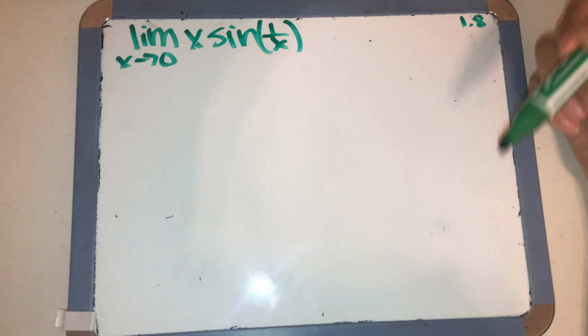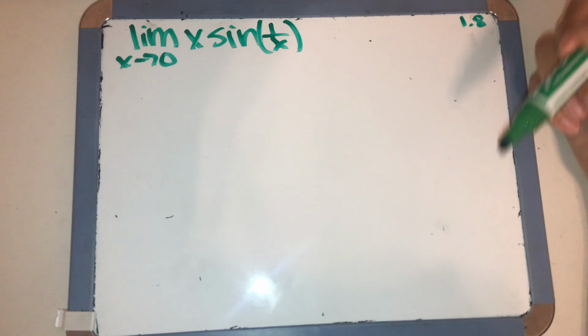Sorry, it should be sine x, my bad. So -1 is less than or equal to sine x and less than or equal to 1. Most people should know this, but if you don't, then now you know.